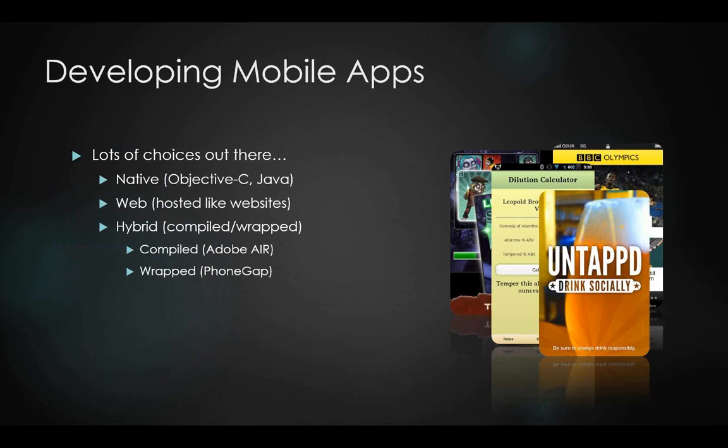So developing mobile applications, there's lots of different choices out there, but they're mostly broken down into three separate silos. Those silos being ones of native, purely web-based applications, and then hybrid solutions. When you're dealing with native, you're dealing with platform SDKs.